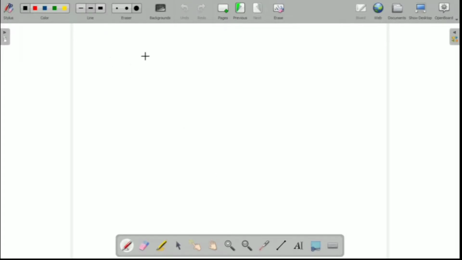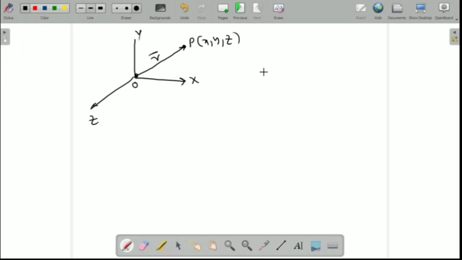Now let us consider the x-axis, y-axis, z-axis. A point P is here, whose coordinates are x, y, z, and this is the origin O. With respect to the origin, OP is a position vector.